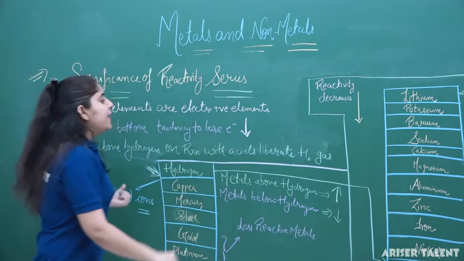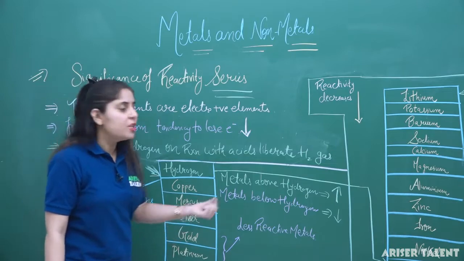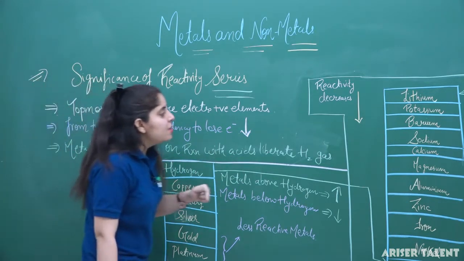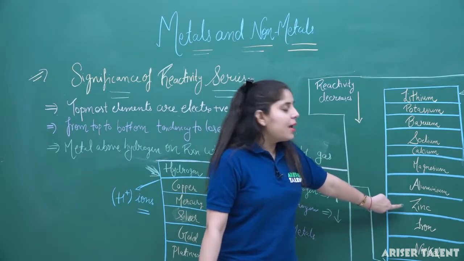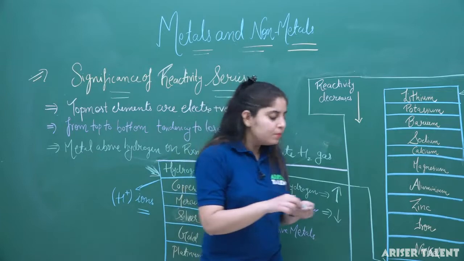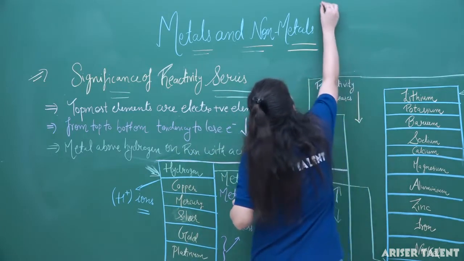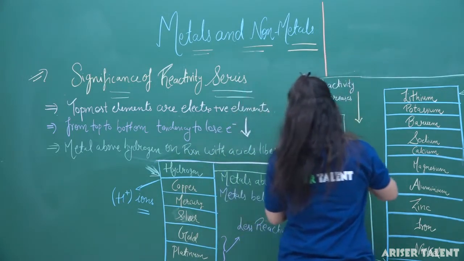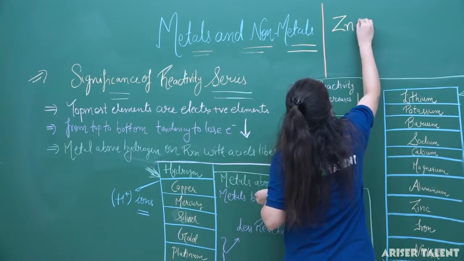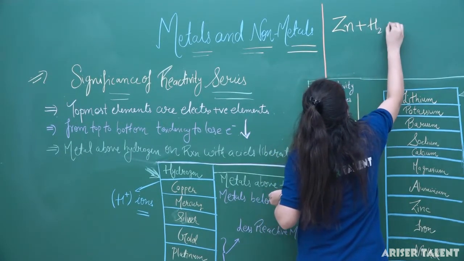We are taking a general equation to represent this significance. Suppose I am taking zinc or magnesium, any of the metals. Suppose we are reacting zinc with H2SO4.